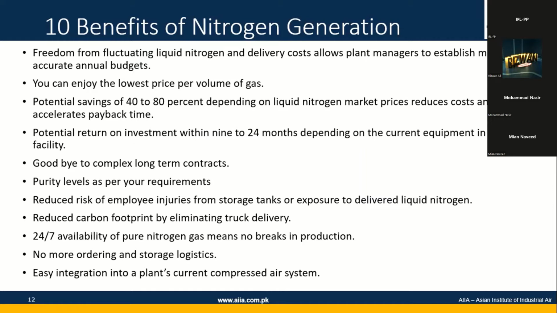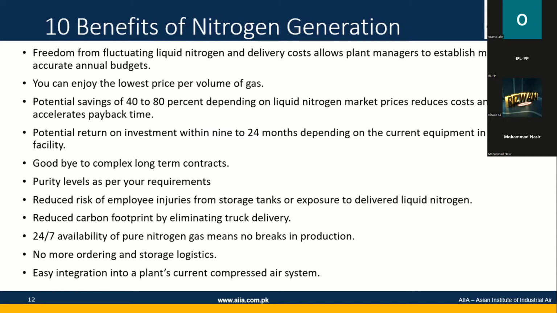And there is easy integration into the plant's current compressed air system. In general industry, most customers are already using compressed air. I have told you that for the generation of nitrogen, you need compressed dry air, number one, and secondly, a gas generator.